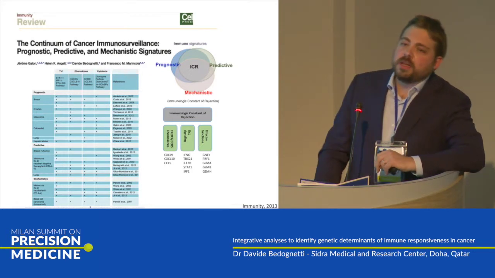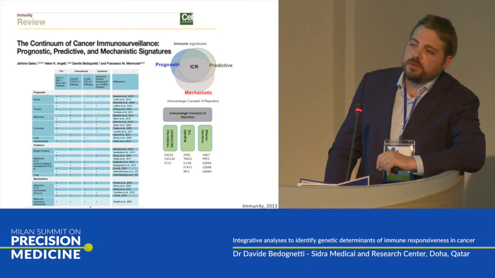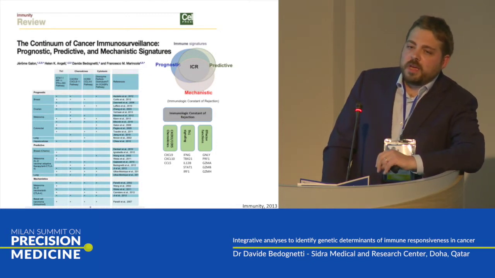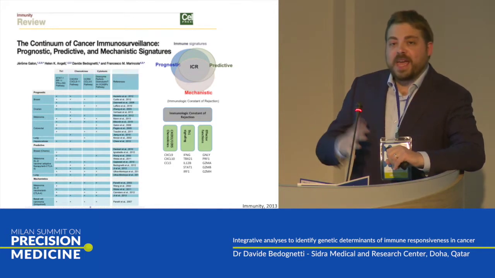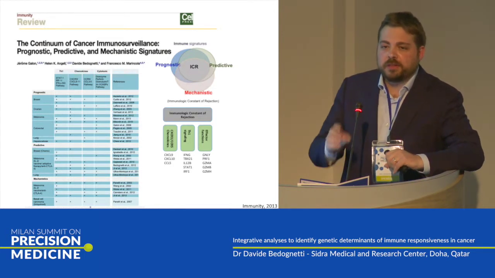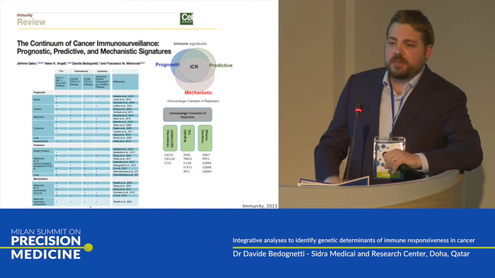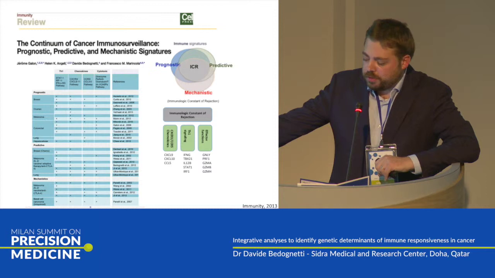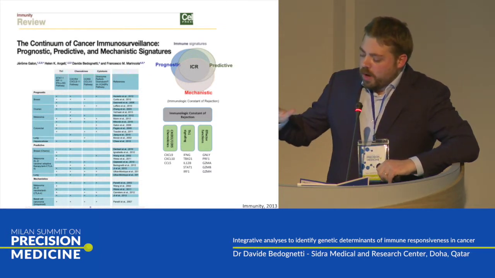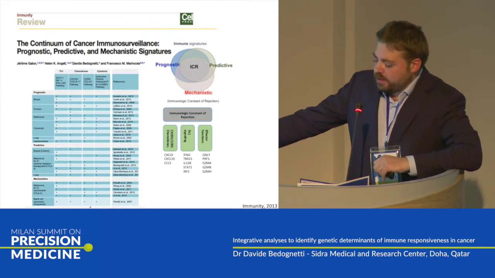The tumor that will respond to therapy is the tumor that is pre-inflamed, and a certain degree of pre-inflammation is required for the tumor to respond. And how do we define this inflammation?